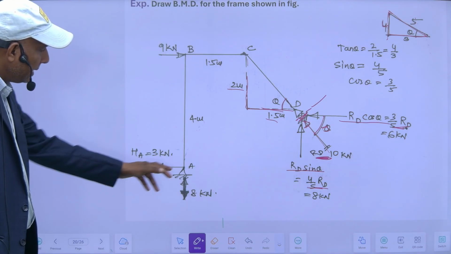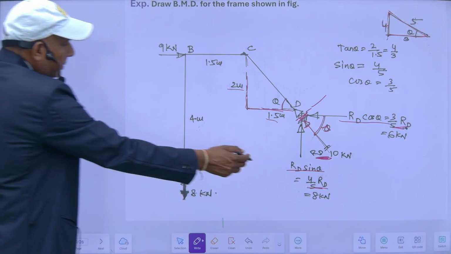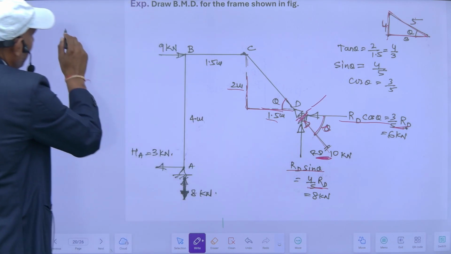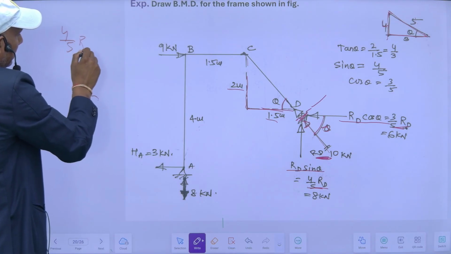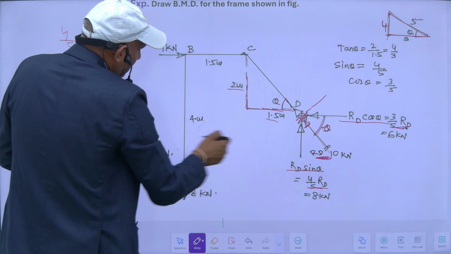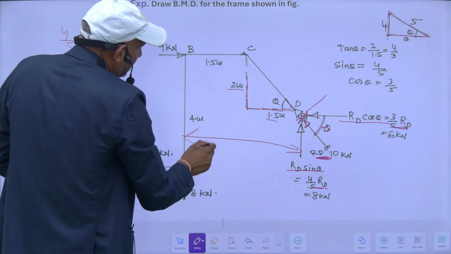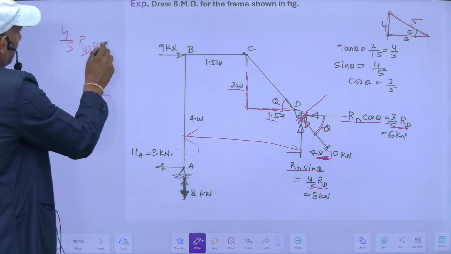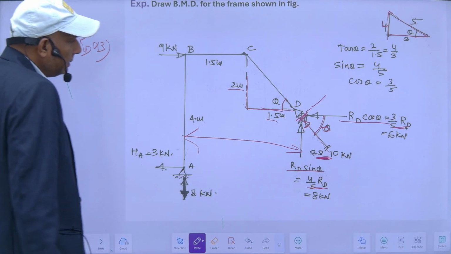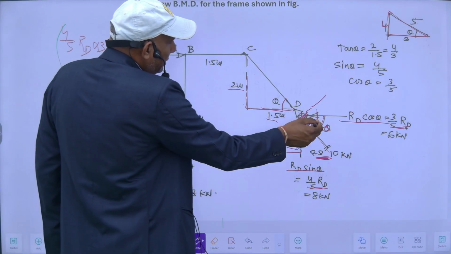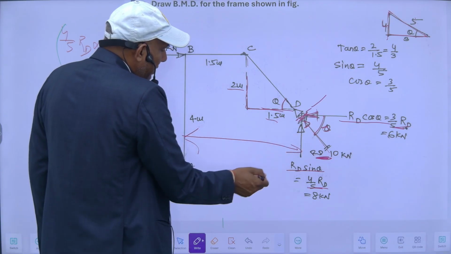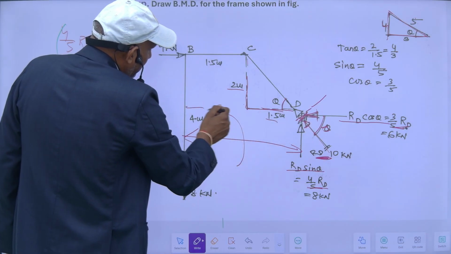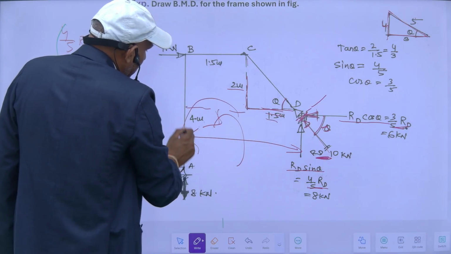Suppose I am taking moment about A. This Rd sin theta is 4 by 5 Rd into this perpendicular distance, which is 1.5 and 1.5, so this is 3. And this horizontal component will create moment in this direction, in the same direction.